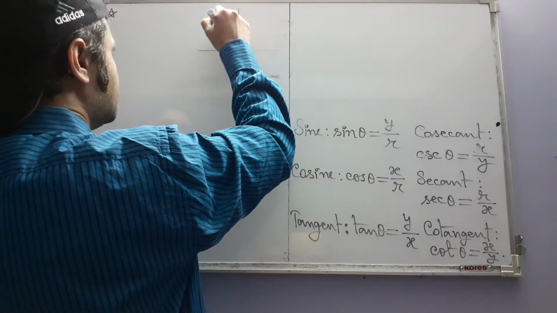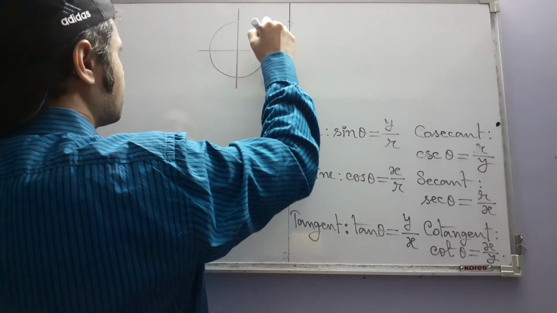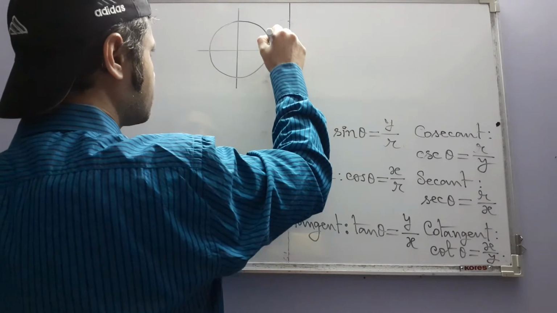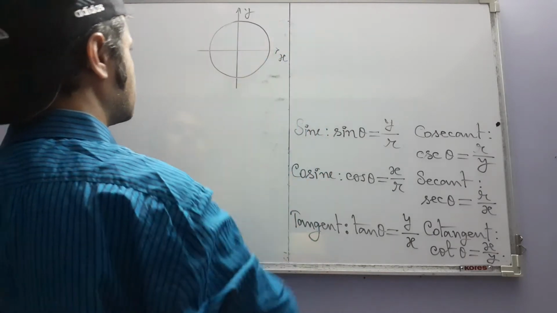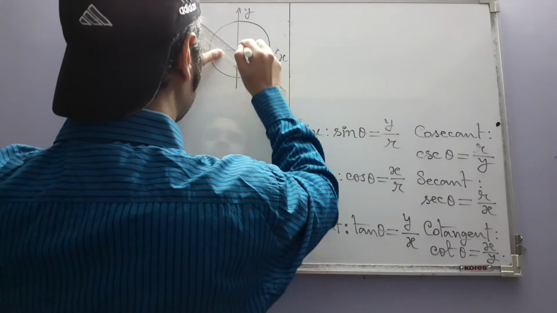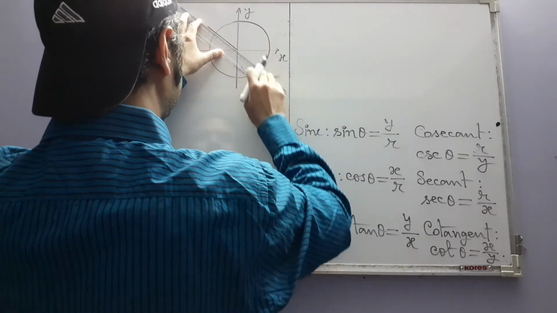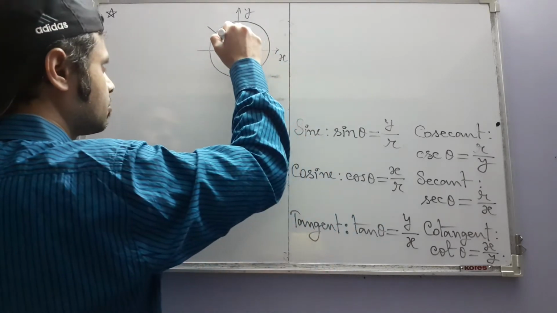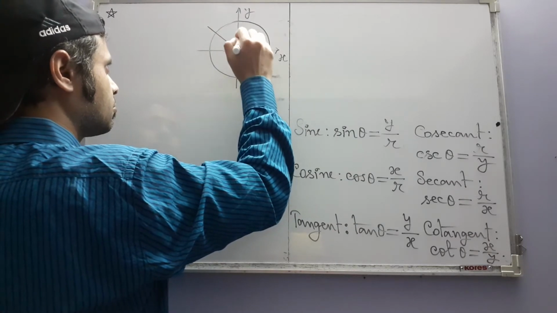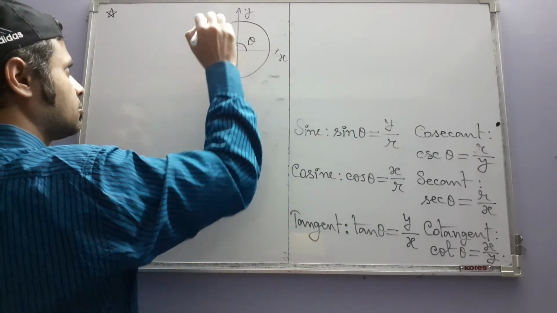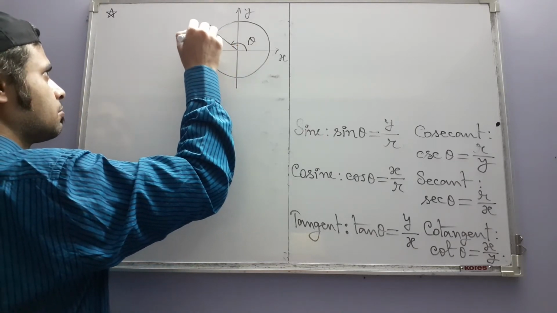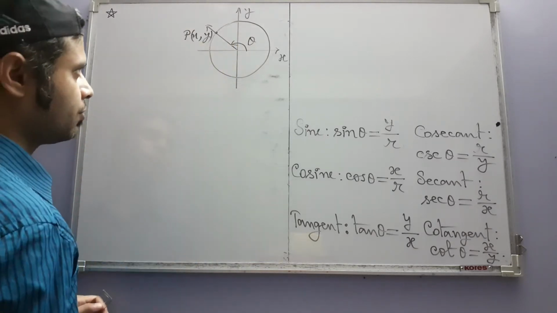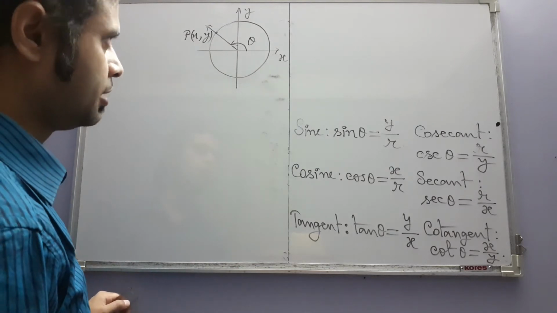So for that we are again drawing our original figure. Theta, so this is our P, x comma y, the figure that we have in the original definition.